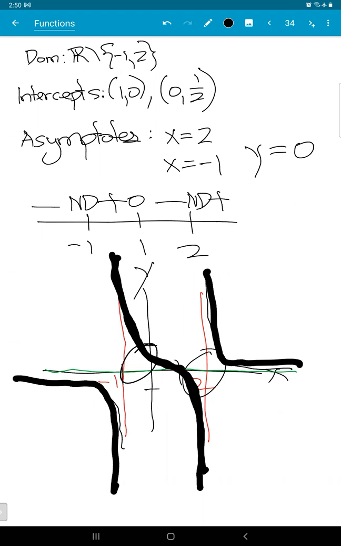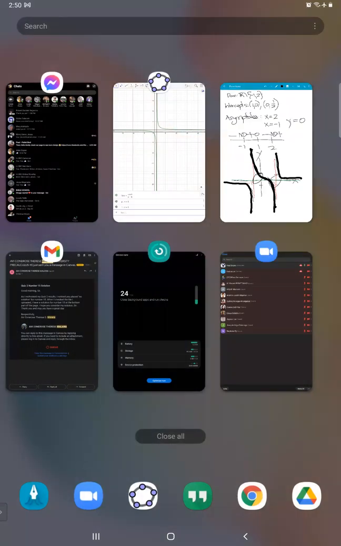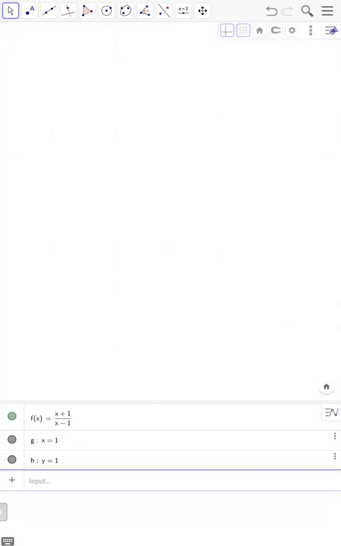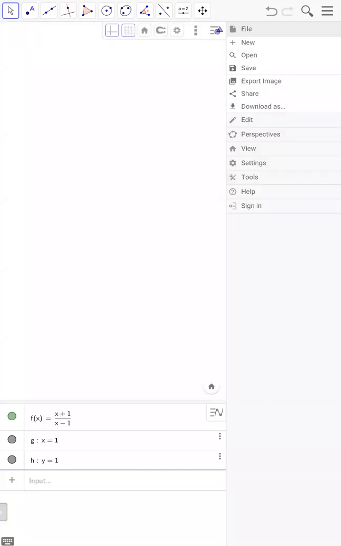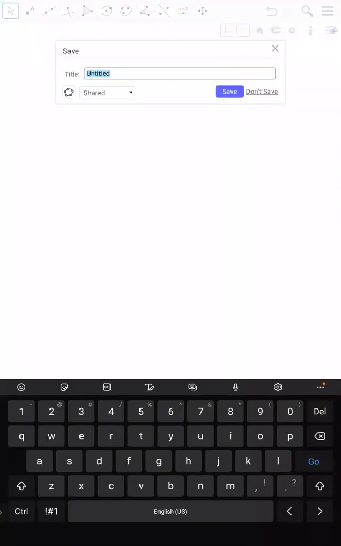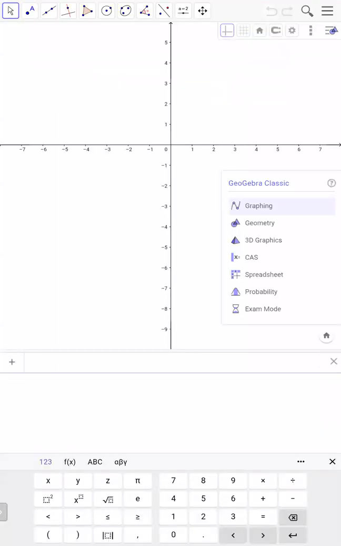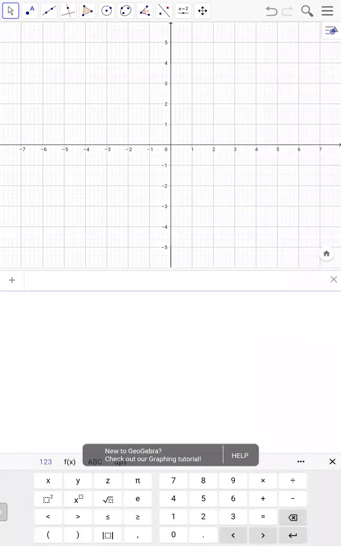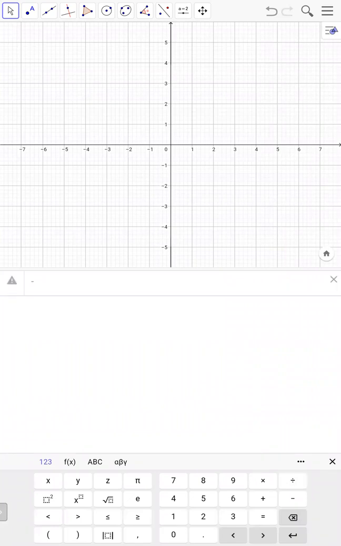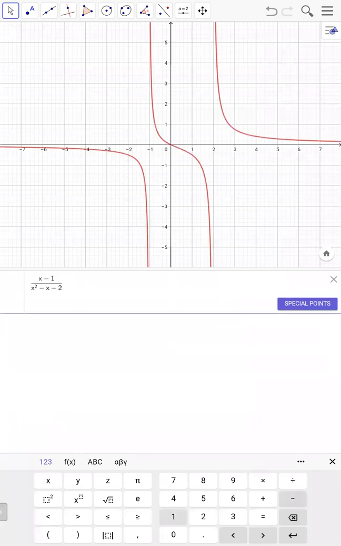So let's look at this sa GeoGebra. There.